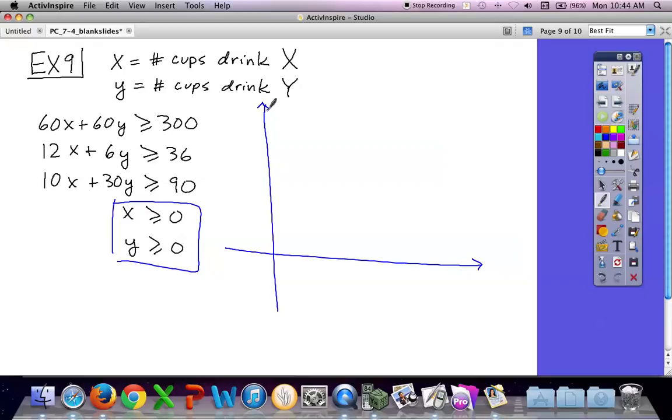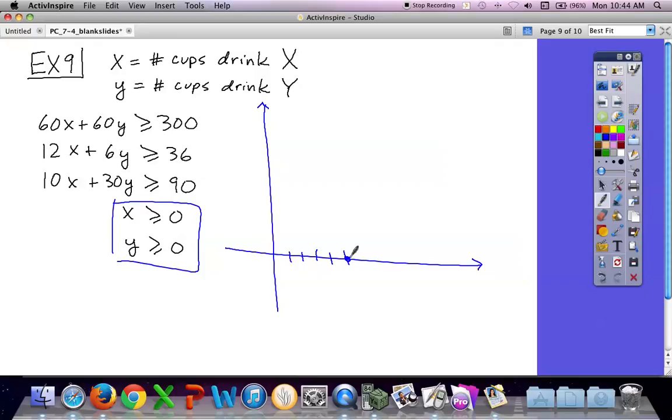So again, this is where it comes in handy that we have learned to graph these things by just finding the X and Y intercepts. This first straight line, to find the X-intercept, cover up the Y term: 60X equals 300, so X equals 5.